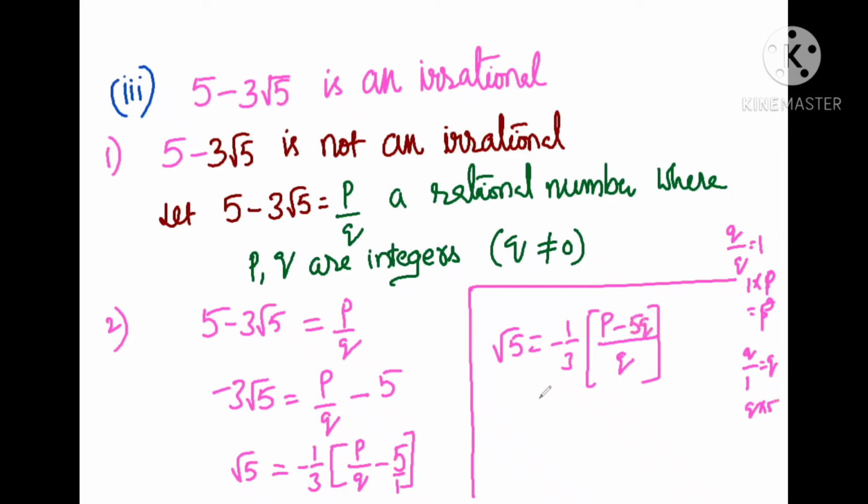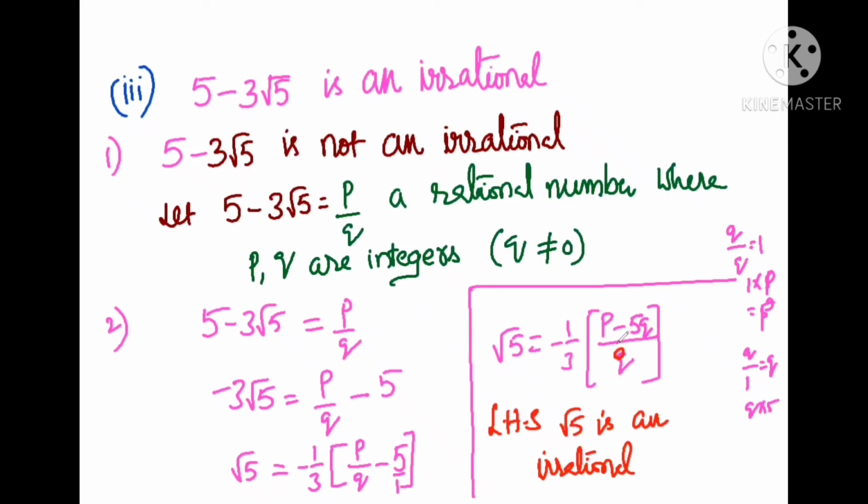Now let us observe the left side, the LHS. Root 5 is an irrational. Then minus 1 by 3 times p minus 5q by q, this is rational. How?